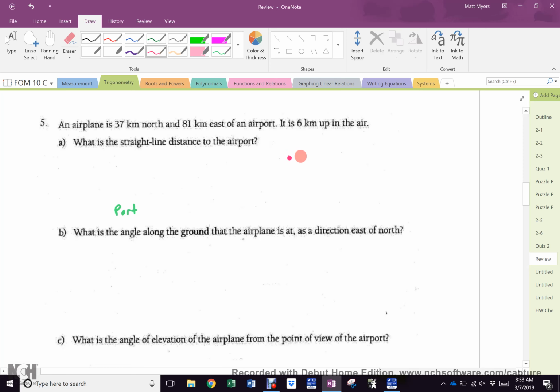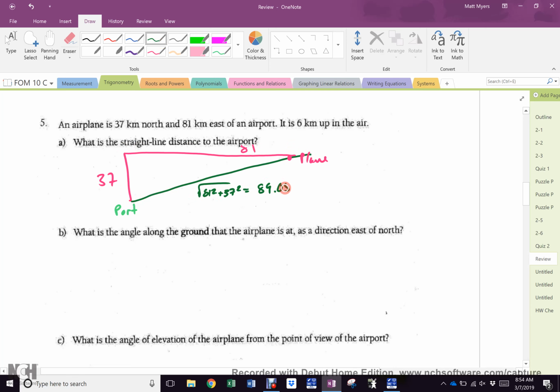That plane is 37 kilometers north, because north is always up when we draw, and it is 81 kilometers east. Now, I want to know how far the plane is from the airport. Of course, I would not measure this. I would measure the hypotenuse, which is the square root of 81 squared plus 37 squared, which is 89.05.